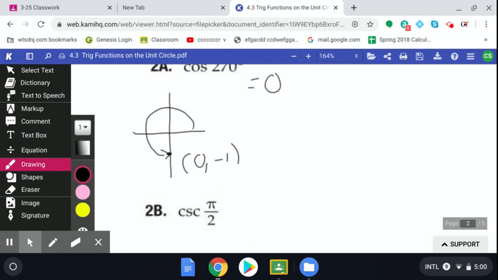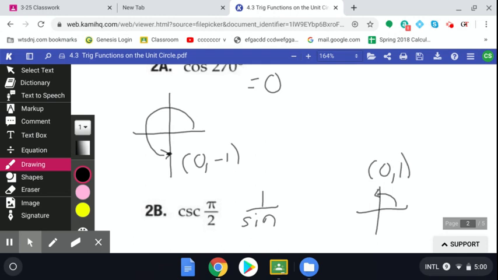How about pi over 2? What would cosecant of pi over 2 be? Well, cosecant is the reciprocal, 1 over sine. So if you're talking pi over 2, you're saying this, right? What are the coordinates of this point here? It would be 0, 1.